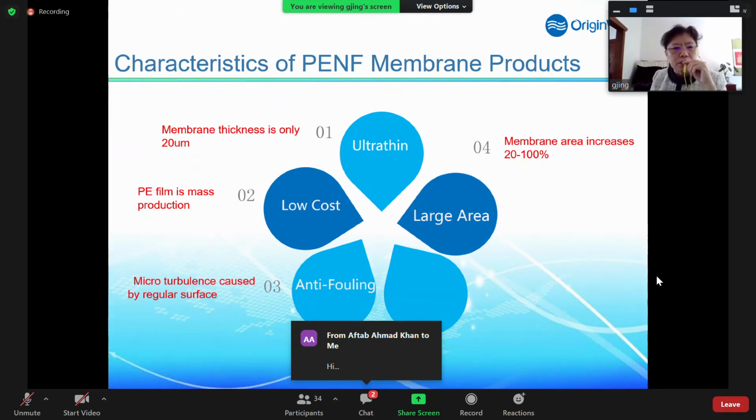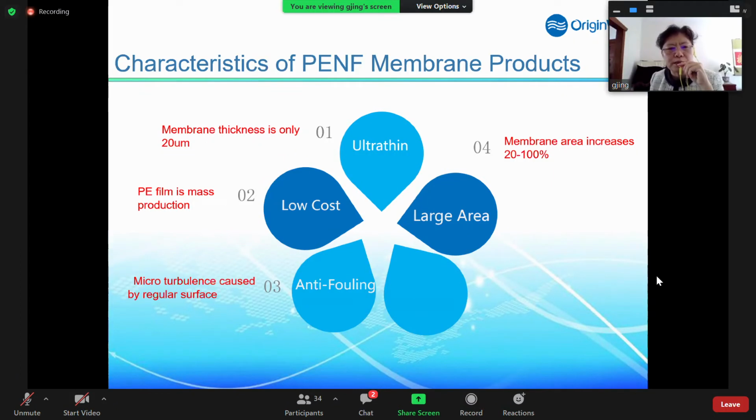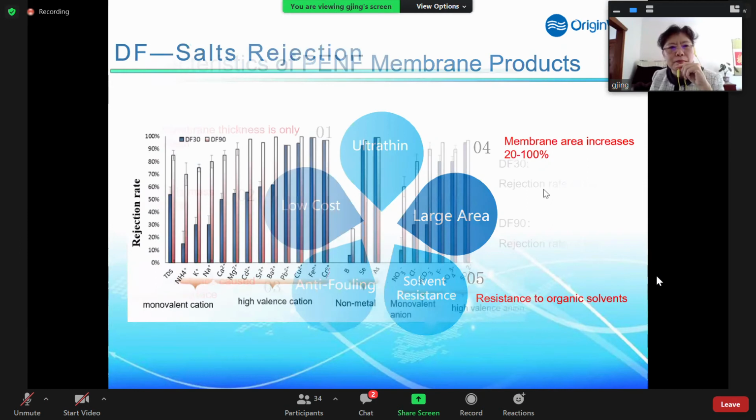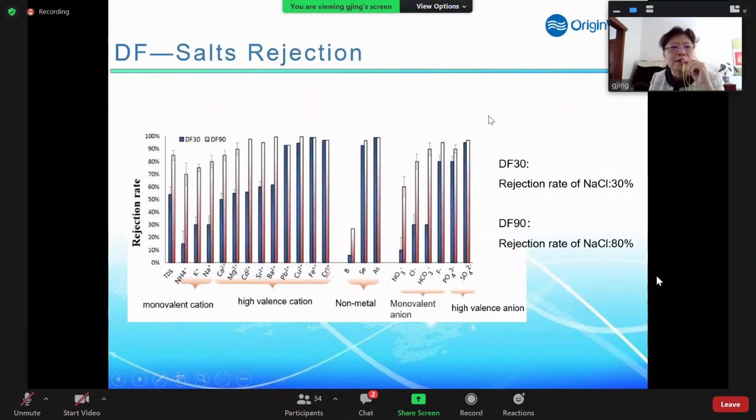The macro turbulence caused by the manufacturing process can minimize fouling. The membrane area is increased by about 20% to 100%, and it is resistant to organic solvent. Here are some results from our PENF.